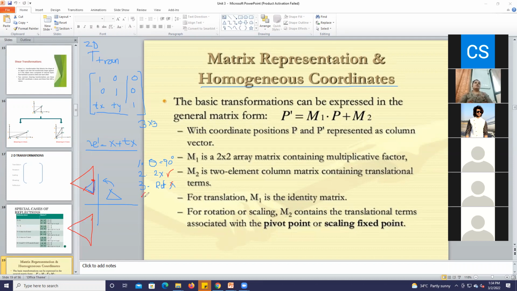Suppose the fourth is translation. I am going to translate it 20 units towards x axis, positive x side, that is right side. Translate it right side 20 units.